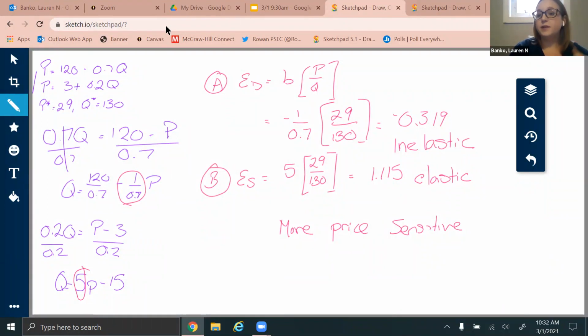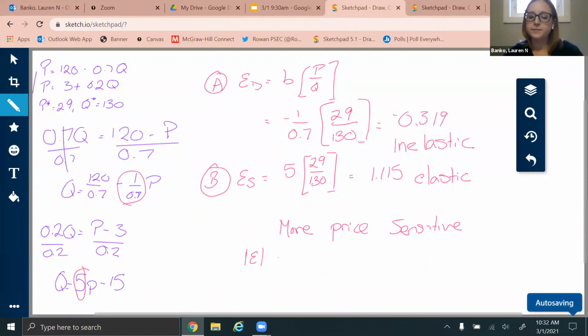And price sensitive really means more elastic. So they're elastic in general compared to inelastic demand. So we can say that's why they're more price sensitive. Or we can compare the elasticities. Whichever elasticity in absolute value is larger means that they're more price sensitive too.